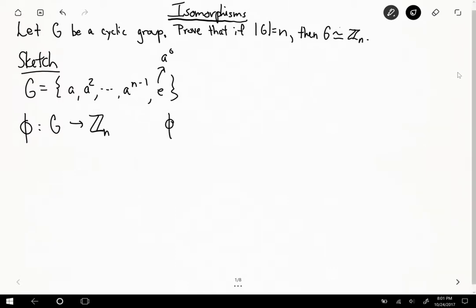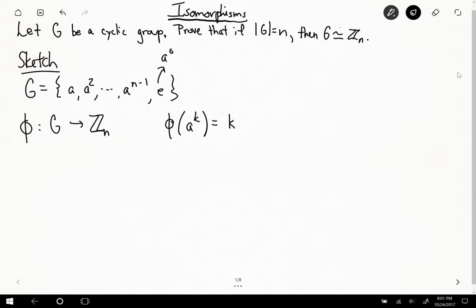Well, one that's not too bad, remember all these are just a to some power, so we'll say phi of a to the k equals k, where k is in Zn. Sometimes we write it this way, but for the shorthand notation, we'll just leave it as k for right now, just understanding that we're going integers modulo n.